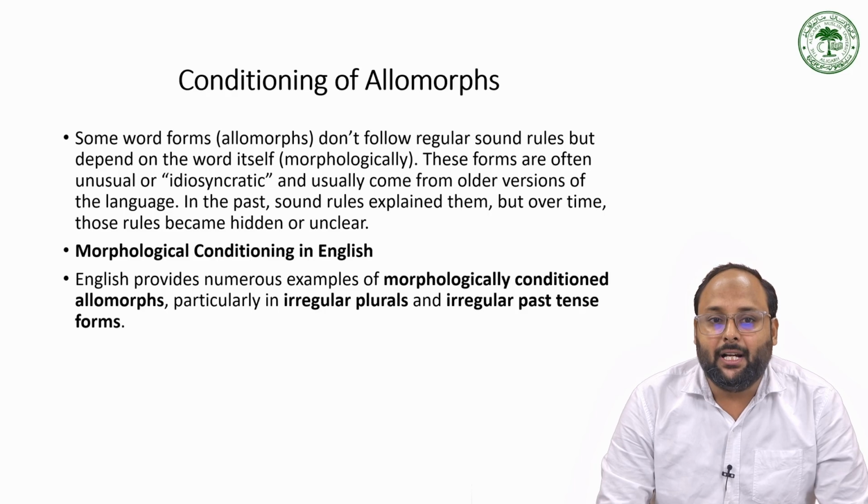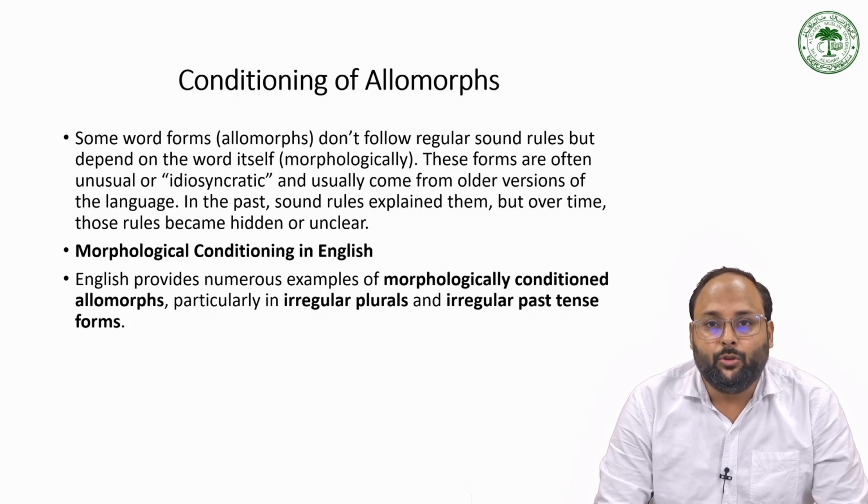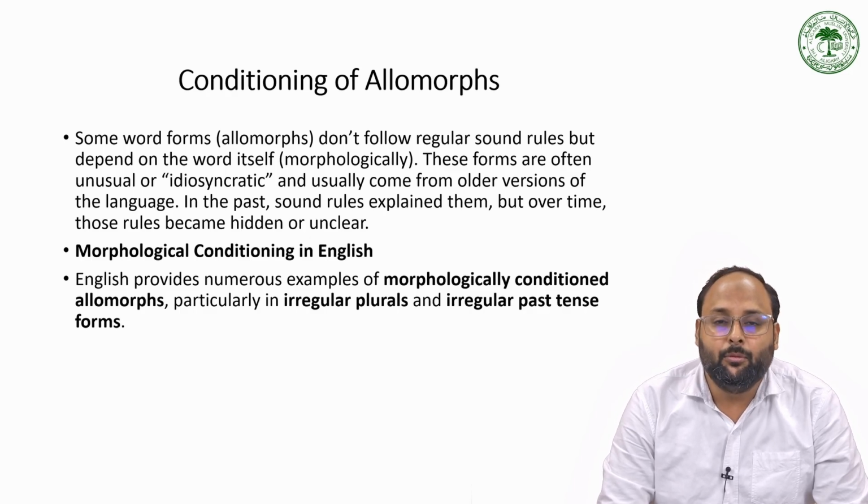Some word forms like allomorphs don't follow the regular rules, but depend on the word itself morphologically. So for morphological conditioning examples, we are not following the regular pattern of language, because the phonology most of the time follows the regular pattern. So these forms are usually idiosyncratic forms.